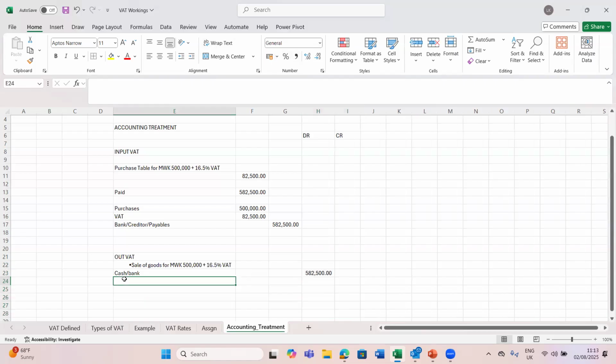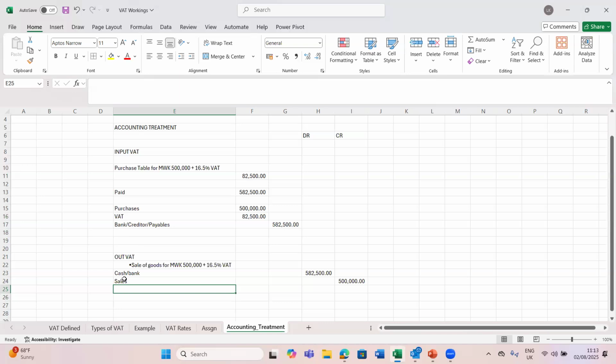Then on the credit side, we're saying sales. Sales will only be 500,000 because that money we have collected on behalf of the tax revenue collecting body.